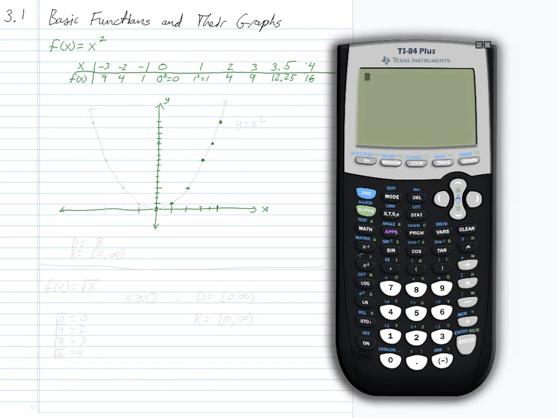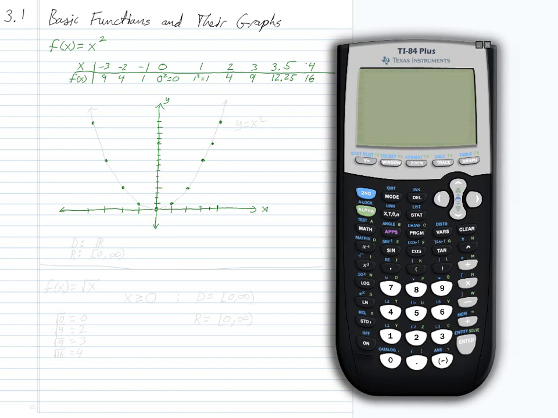Going in the negative direction, negative 1 gave us 1, negative 2 gave us 4, negative 3 gave us 9, and so on. Negative 4, if we had gone that far, would have given us 16 as the output.